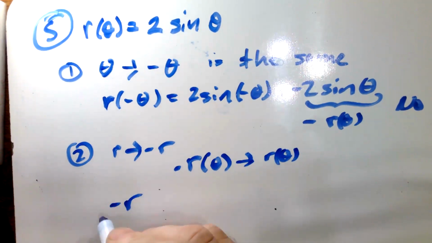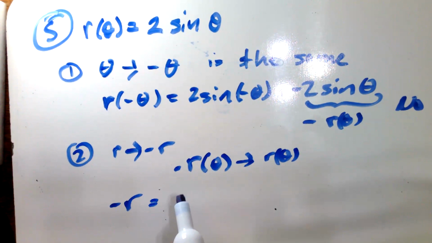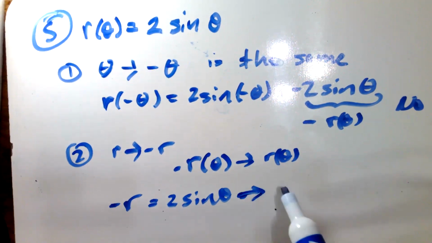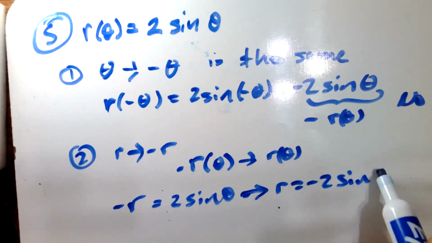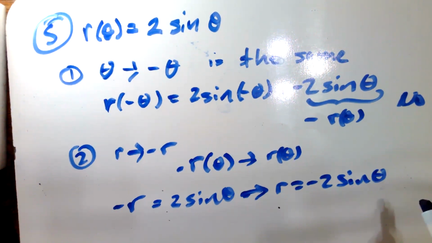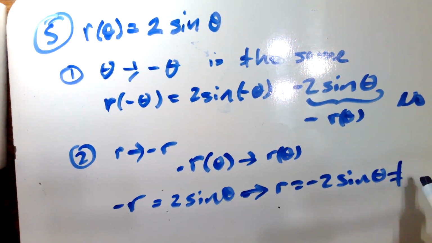So we have negative r is equal to 2 sine of theta, which is going to give us r equal to negative 2 sine theta, which is definitely not equal to the original r of theta. So again, no.